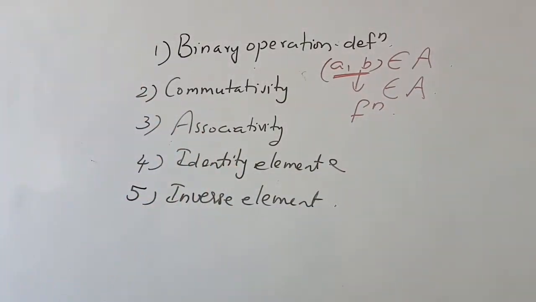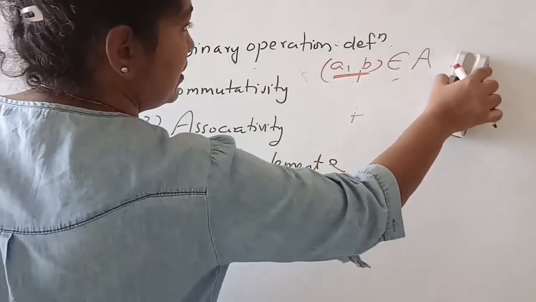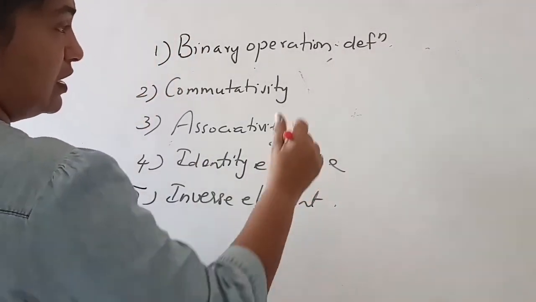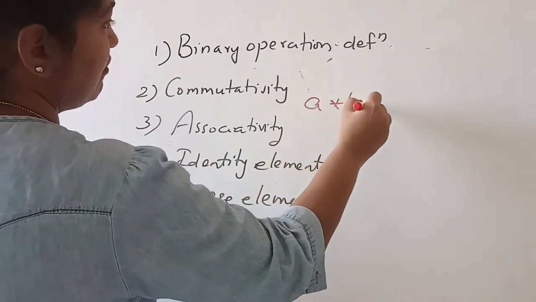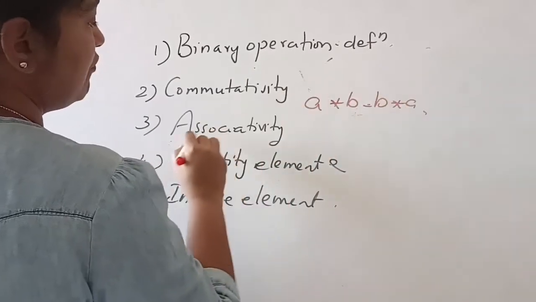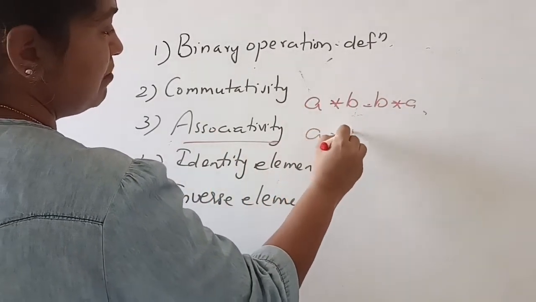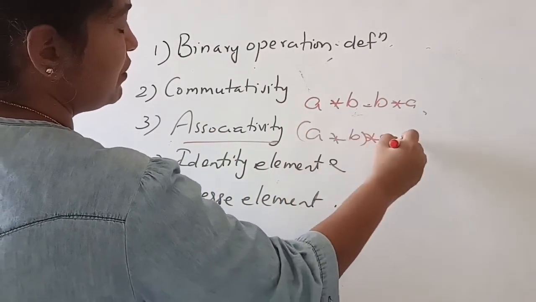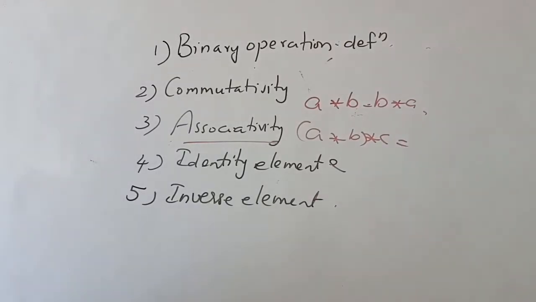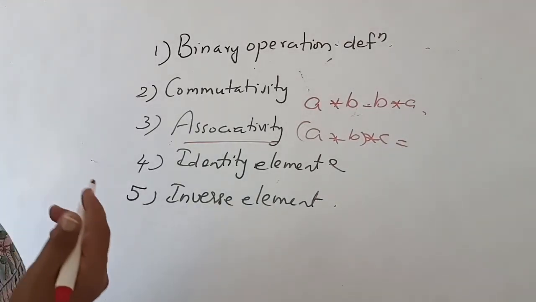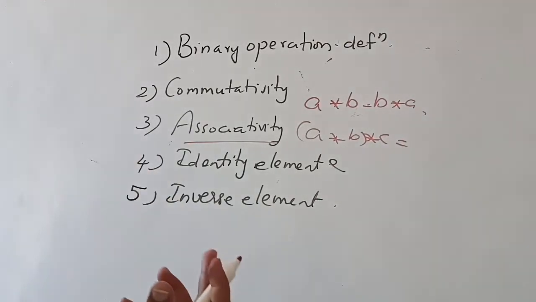Then we learned about the commutativity. When we learned about the commutativity, we learned that A binary B has to be equal to B binary A, and for associativity, (A binary B) binary C has to be equal to A binary (B binary C). Then we learned about the identity element E. It may or may not exist.